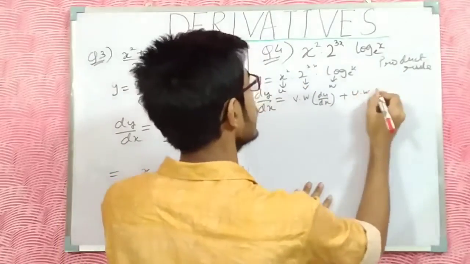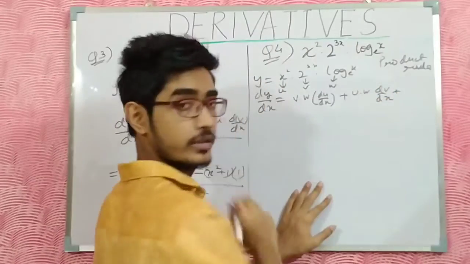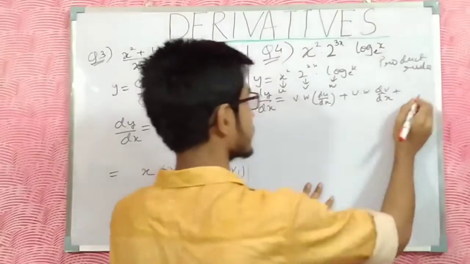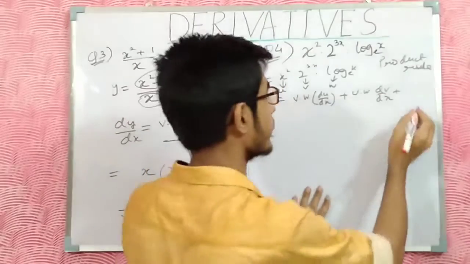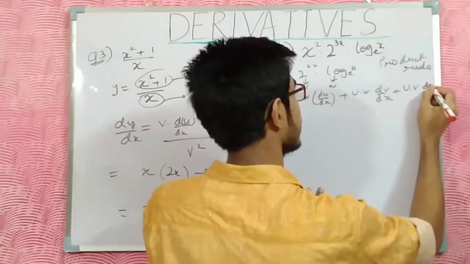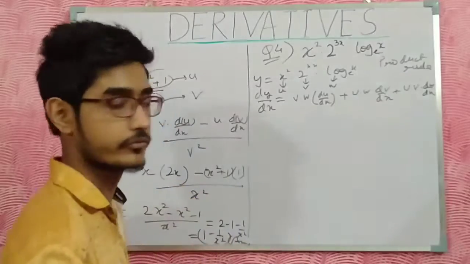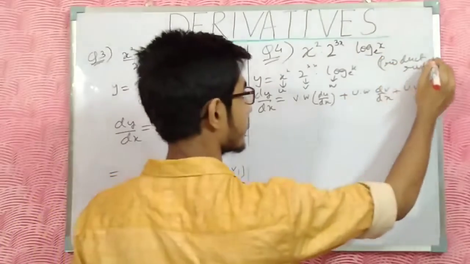So u into w, then dv by dx, plus w is on the right-hand side, and its differentiation will be taken. So u into v into dw by dx. This is the formula of the product rule.